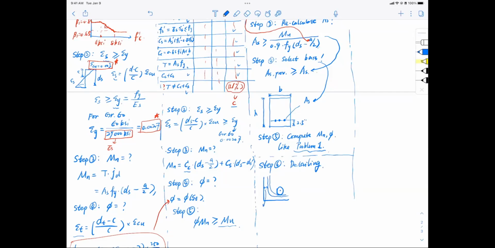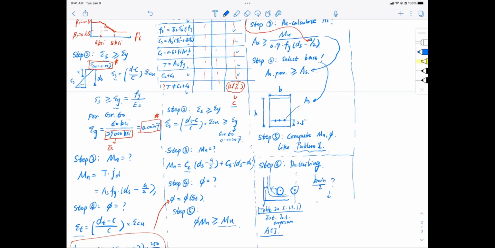Remember there are tables in ACI, 20.5.1.3, to tell you the clear concrete cover on the side and everything: exterior exposure, interior exposure, precast, cast in place, whatever. So you find the spacing, you find the concrete cover, and depending on how many bars, you find a minimum width.